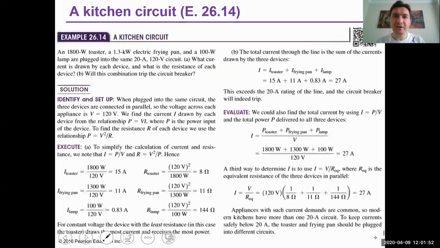Okay, so now let's continue with a kitchen circuit. How much power do we spend within the kitchen? A 1.8 kilowatt toaster, a 1.3 kilowatt electric frying pan, and a 100 watt lamp are plugged into the same 20 amp, 120 volt circuit.